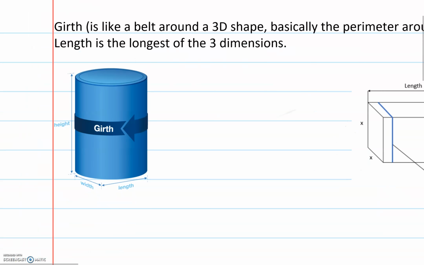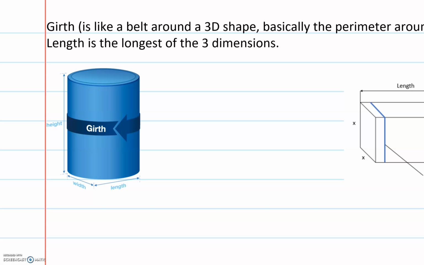And girth is kind of like a belt for a person. If you use the word girth in normal-ish conversation, then you talk about a belt. So you think about a belt around a 3D shape. So we have the girth around this cylinder can be shown by that little arrow going around, and you can talk about the width and the length and the height.